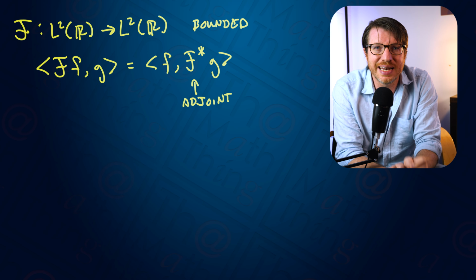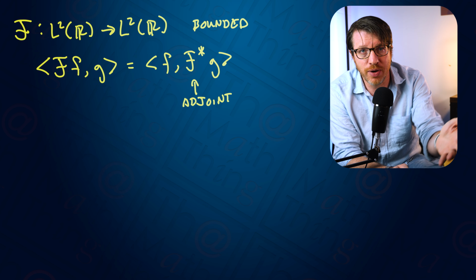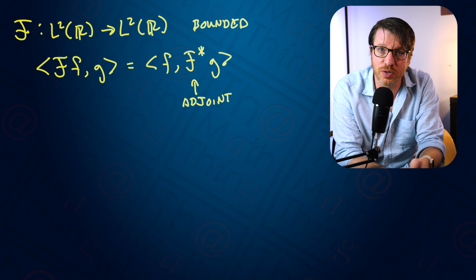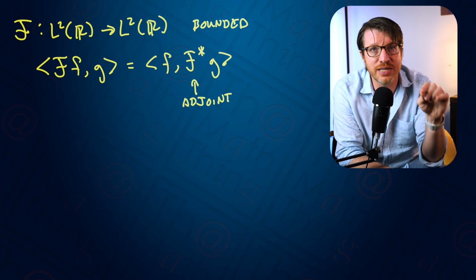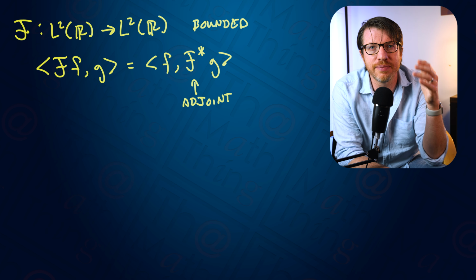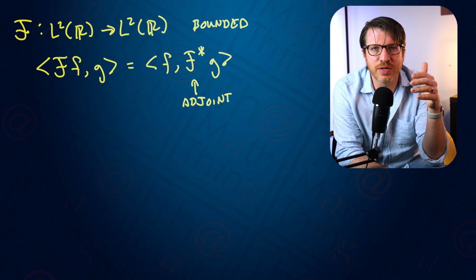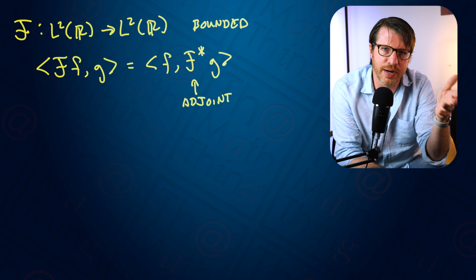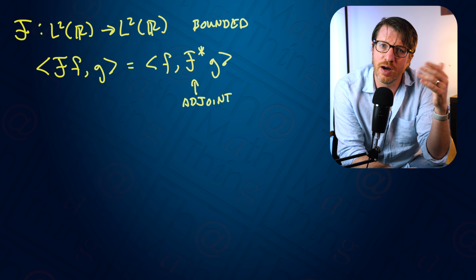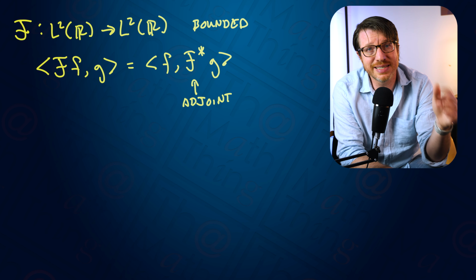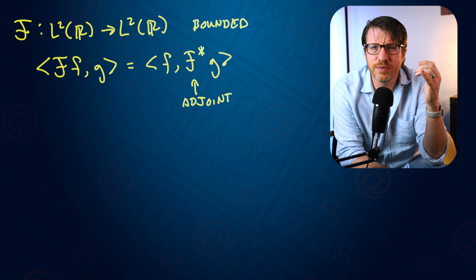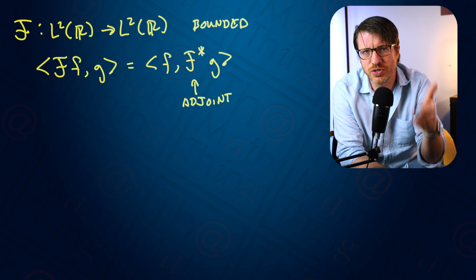L2 is a Hilbert space, and as a Hilbert space, it has an inner product. The Fourier transform is a bounded operator on L2, and as such, there is a unique adjoint operator that is essentially the movement of the Fourier transform from one side of the inner product to the other. So the inner product of the Fourier transform of f with g is the same as the inner product of f with the adjoint of the Fourier transform applied to g.